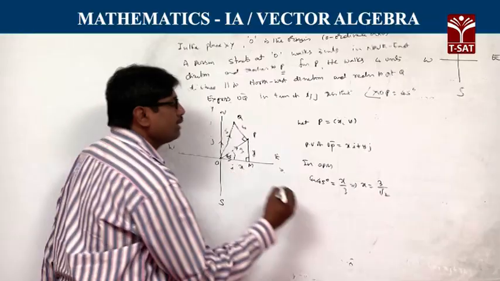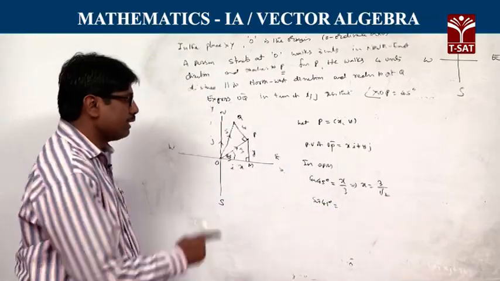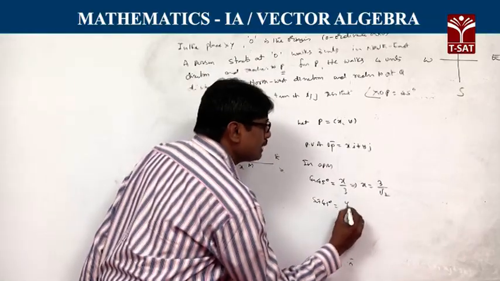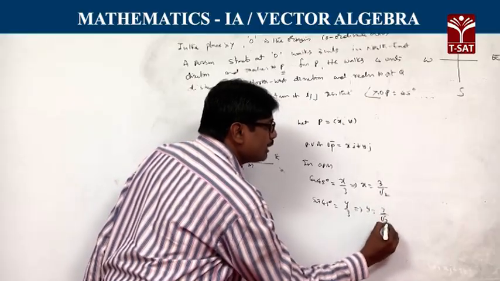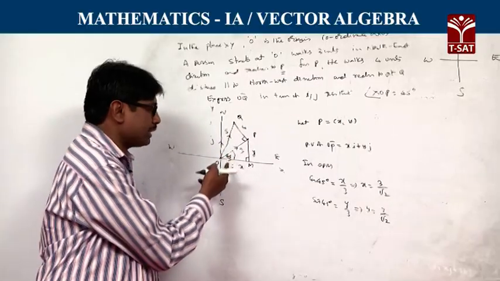In the same triangle consider sin 45 degrees. Sin theta is equal to opposite divided by hypotenuse, that is y by 3. So the value of y is equal to 3 divided by root 2. We expressed the components x and y with respect to 45 degrees.